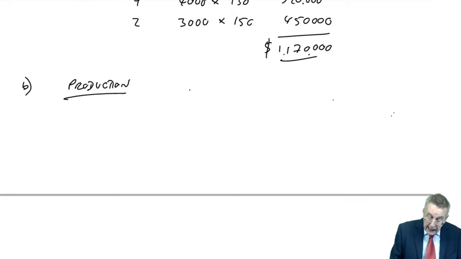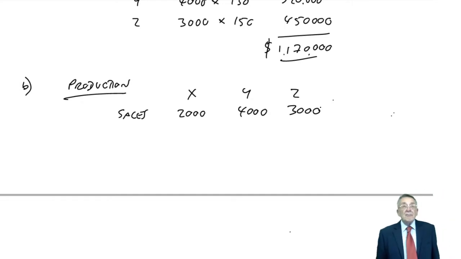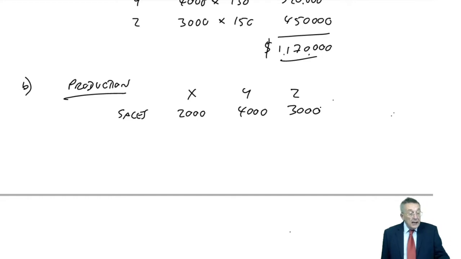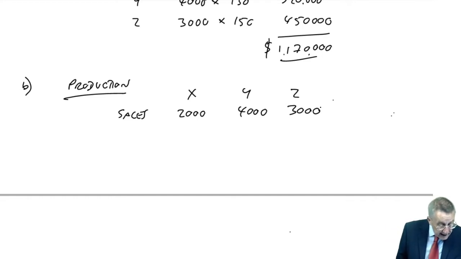And so let's do it, X, Y, Z. We know what we're selling, 2,000, 4,000, 3,000. If we didn't intend to change inventories, then we'd produce the same as we'd sell. But here, in all cases, we intend to increase our inventory.